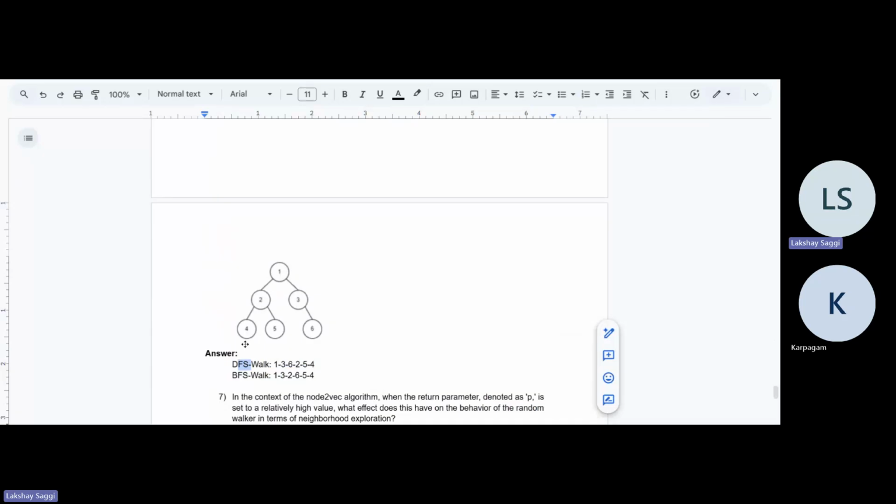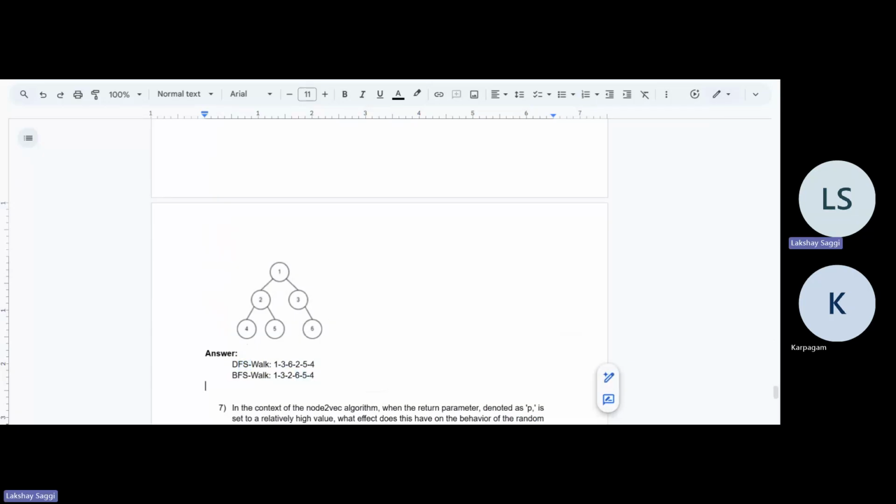So 1, 2, 4, then 5, then 3, then 6 would also be a valid DFS walk. Similarly, in the BFS walk, after going to 1, I chose to go to 3 and then 2. But since both of these are unit distance away from 1, I could have very well chosen to go first to 2 and then 3. So 1, 2, 3, 4, 5, 6 would also have been a valid BFS walk.